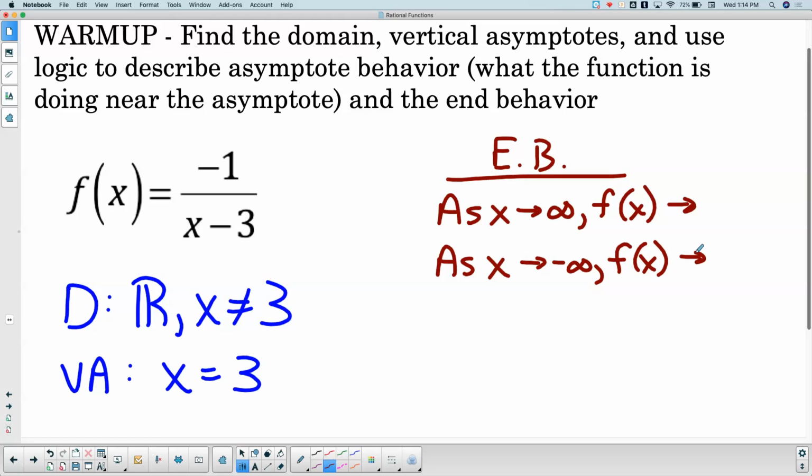Well, let's do it then. Because it's going to be -1 divided by, if we go to infinity, that's a big positive number, right? Does the -3 really mean anything? No, so it's just going to be a big positive number.